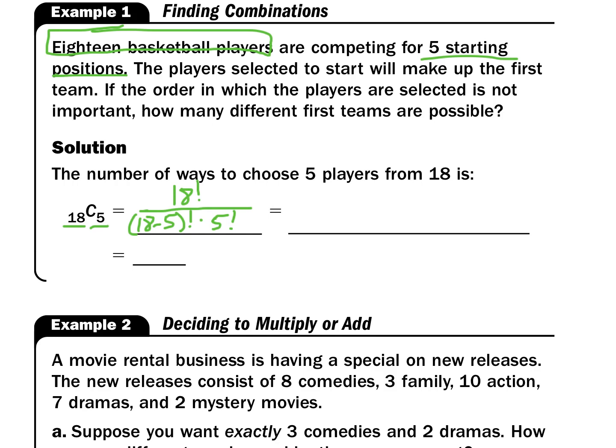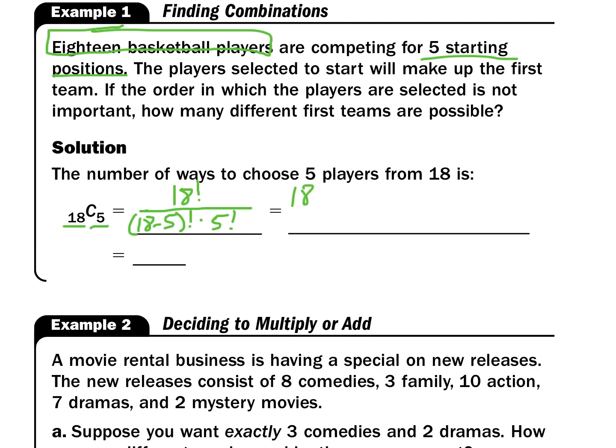So that is equal to, if we do 18 factorial, we get a beautifully large number, but instead of doing that, I'm going to expand it out and try to eliminate things.